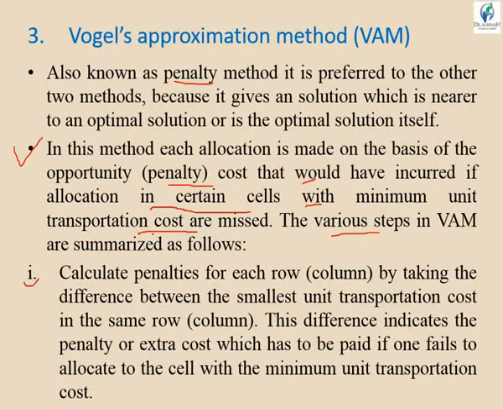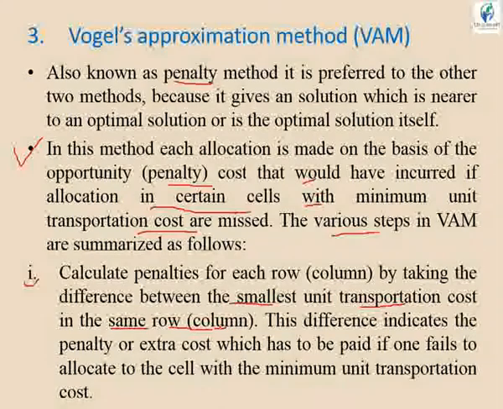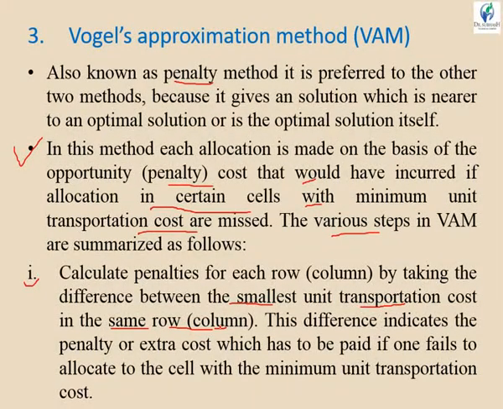Accordingly, for the columns also you will have to calculate the penalties between the smallest unit transportation costs in the same column. So for each row and each column you calculate a penalty, obtained by taking the difference between the two smallest unit transportation costs in that row or column.